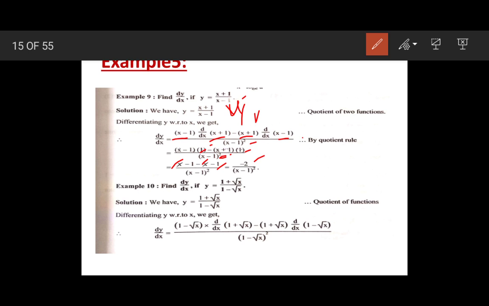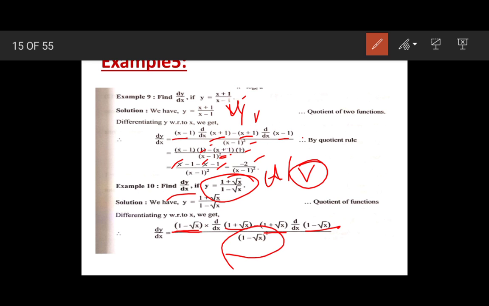Then next is find dy upon dx if y is equal to 1 plus root x upon 1 minus root x. Again we have to apply u upon v rule. So v, start from the denominator, v into derivative of u minus u into derivative of v upon v square.